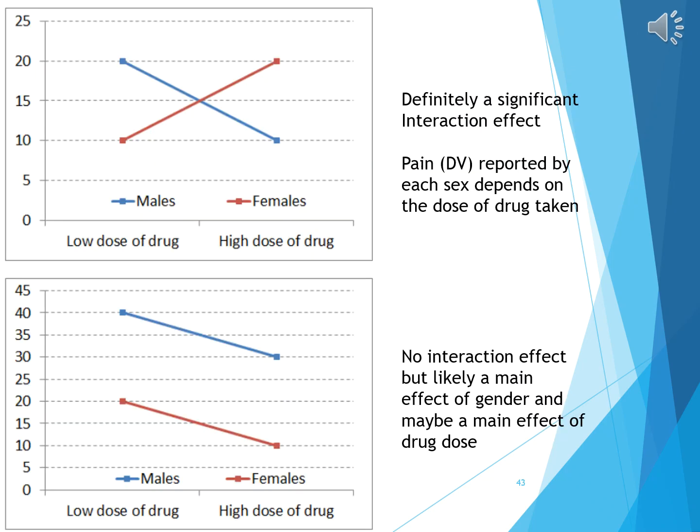Here's a different example that maybe better illustrates this. We've taken away the bars, and we just have these nice line graphs to look at. In the upper example, the study was about the reporting of pain, let's say the side effects of pain, when taking a specific dose of drugs, split between males and females.